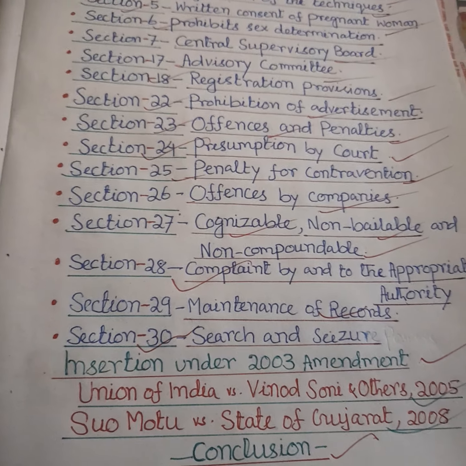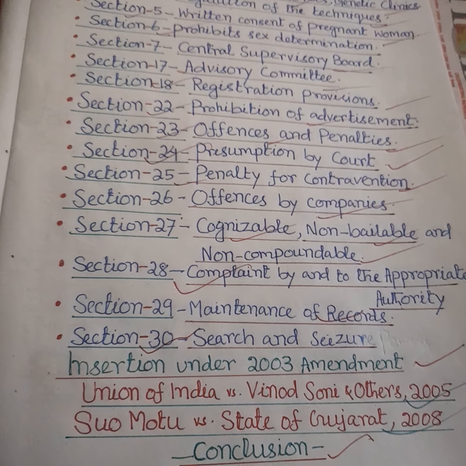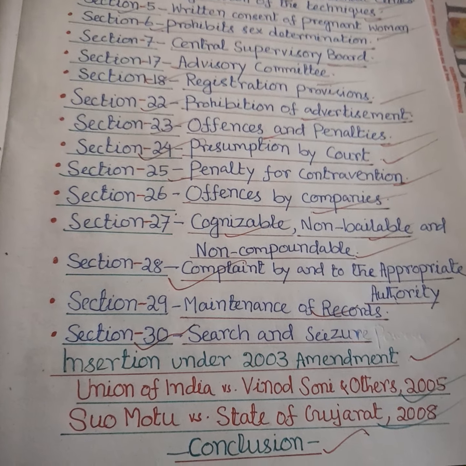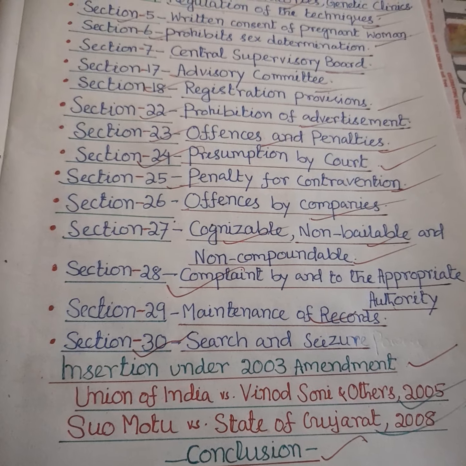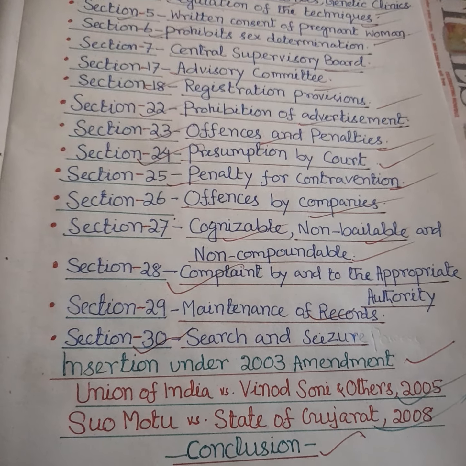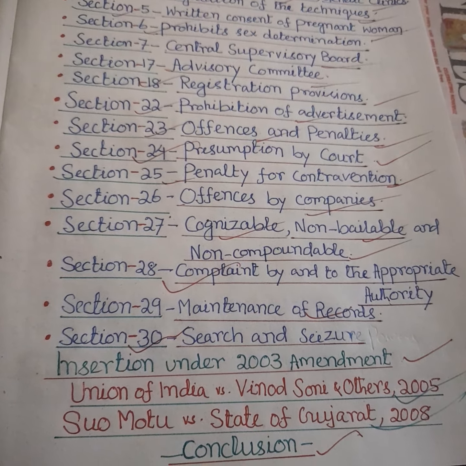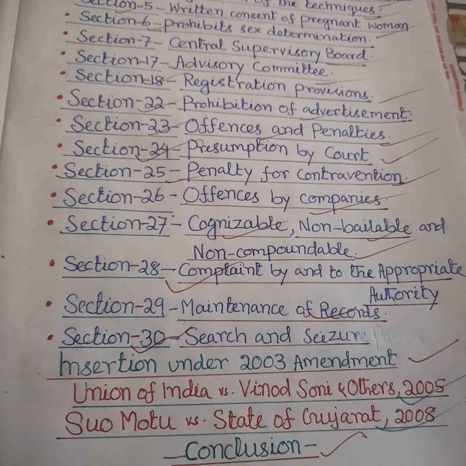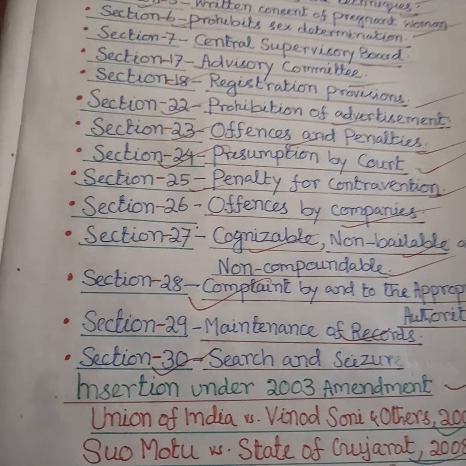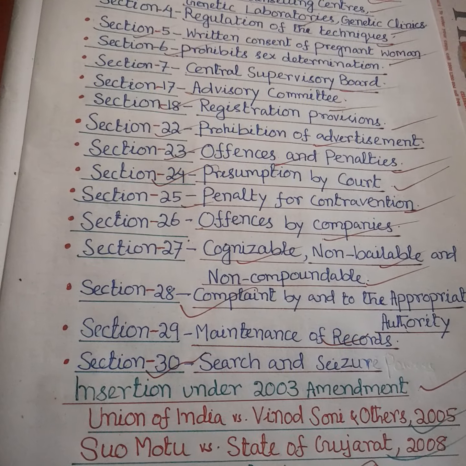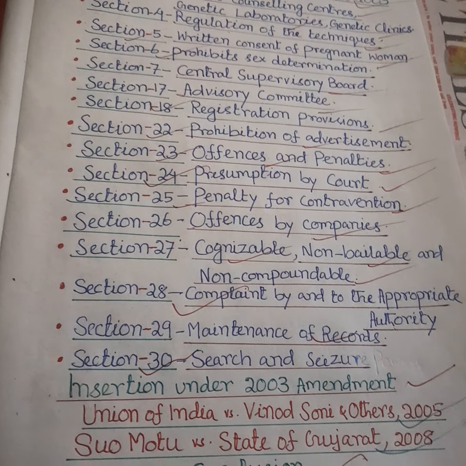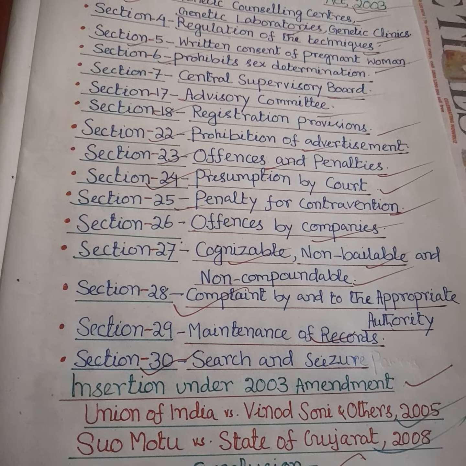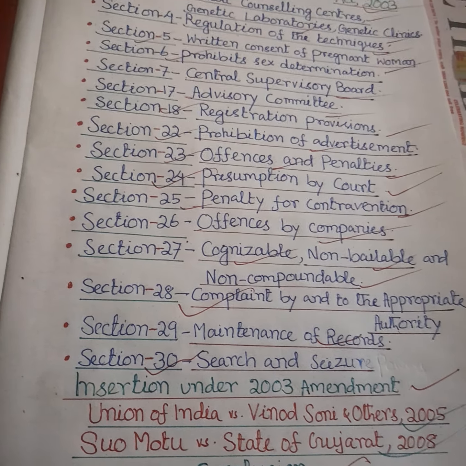In dealing with the provisions of the Act, we have focused on genetic counseling centers, genetic laboratories, and genetic clinics, and particularly their registration provisions and the regulation of the techniques.